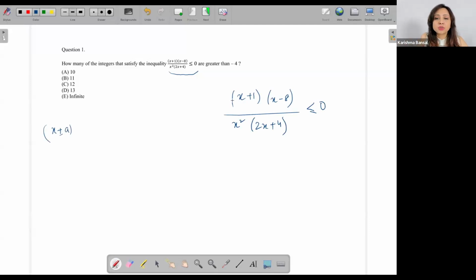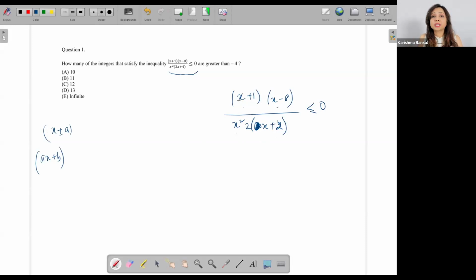So here, these factors are all right. This is fine. This is x squared. We'll talk about it in a moment. This is not in that format. So what do we do? Because this is in the form of ax plus b, right? So what do I have to do? I take out the 2 and I write 2 outside, and this becomes x plus 2, right? No worries over here, no issues. We just took 2 out of this particular bracket.